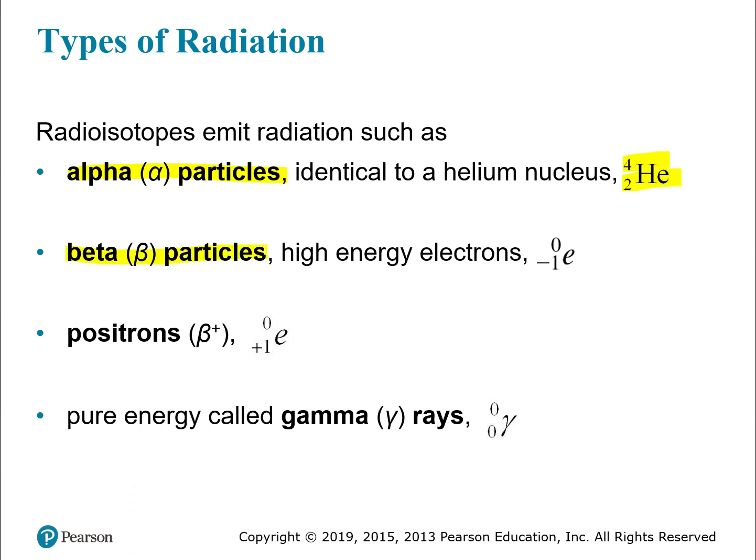We've got beta particles, which are just high energy electrons. And you'll need to know the symbol for that. Positrons, which a positron is essentially like a positive electron. And then there's pure energy rays, and those are gamma rays.